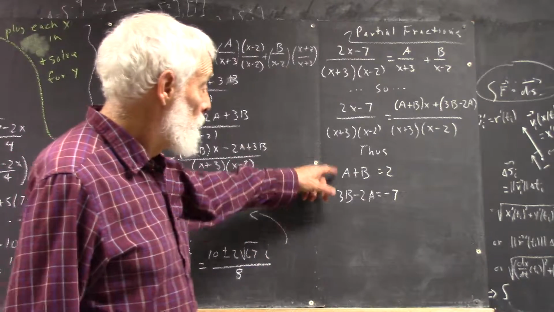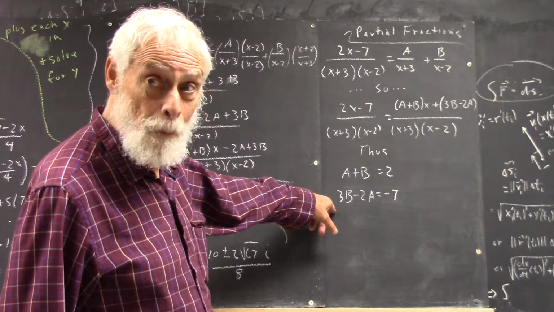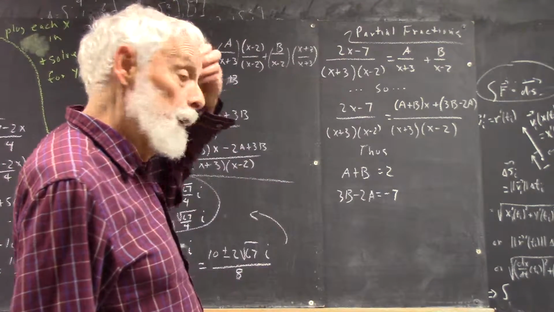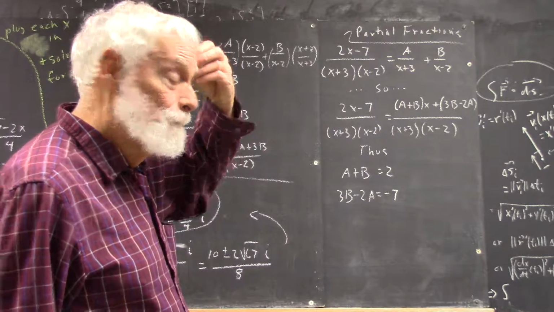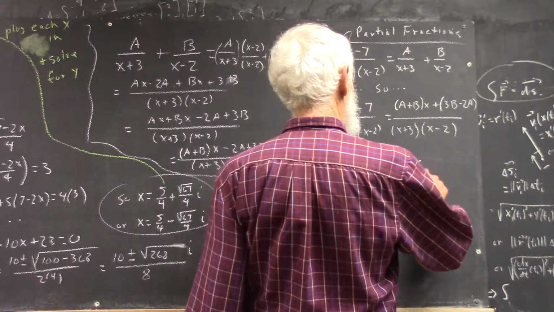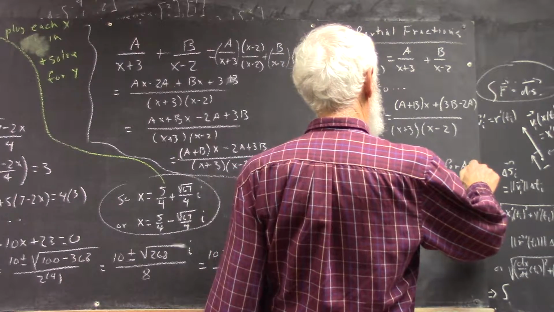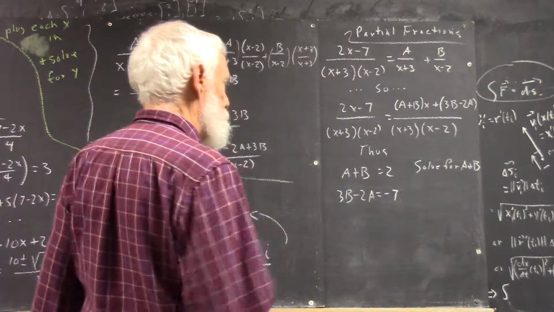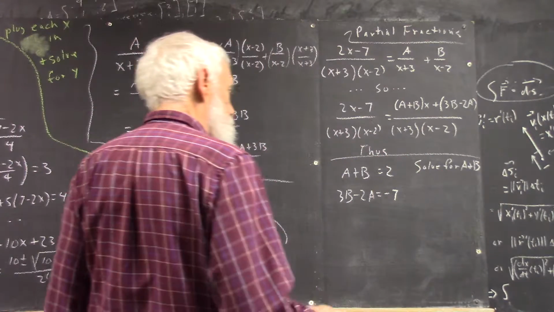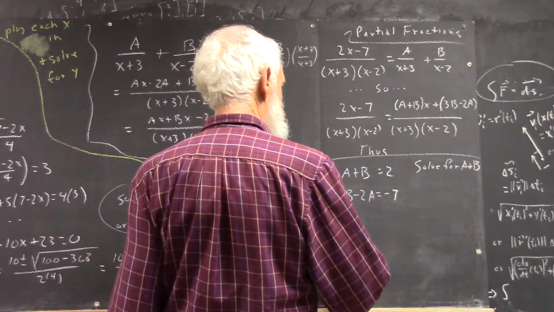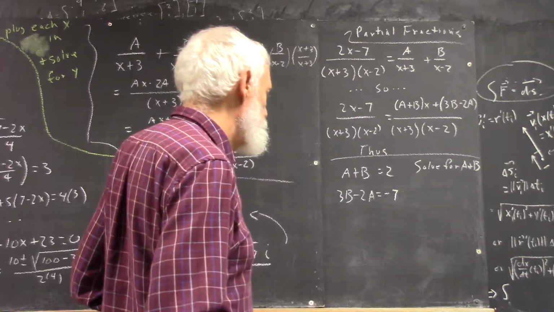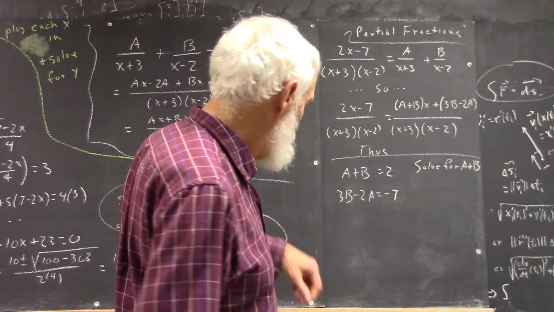Well, now you have two simultaneous equations in a and b. We solve it for a and b, right? So we solve for a and b. Now I would put my b here and my a here.